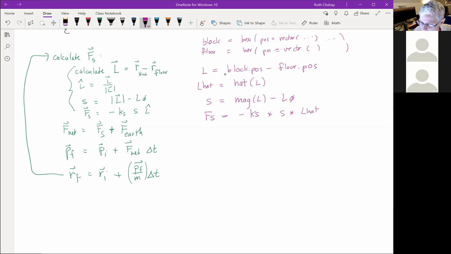And so all of that is calculating the spring force. And then we'd have the block's momentum is its old momentum plus the spring force plus the gravitational force times delta t.